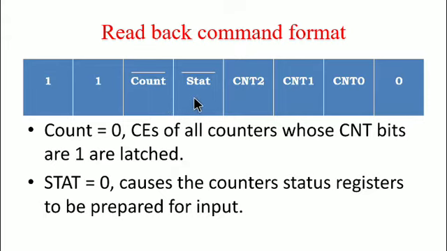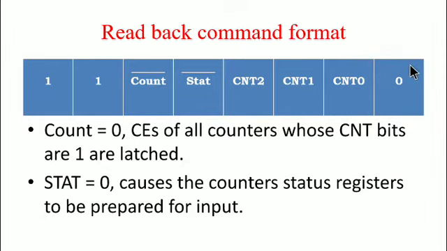When D4 is equal to 0, latch the status of the selected counters. For D1, D2, D3, when they are equal to 1, the counter 0, counter 1 and counter 2 will be selected accordingly, and D0 is reserved for future expansion and must be 0.